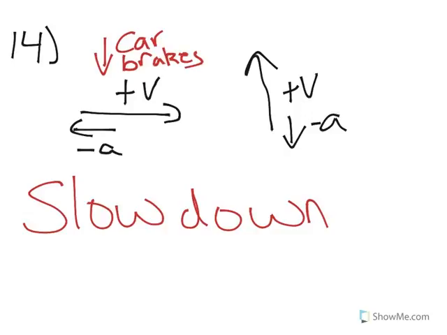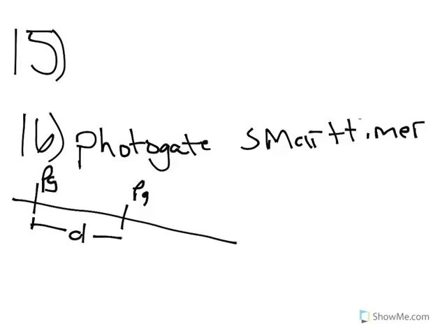The acceleration is negative, so the car slows down. In this case, it would be like a ball thrown in the air. If a ball is thrown up, then as it goes up, the velocity is positive, but the acceleration is negative, so the ball slows down as it goes up into the air.